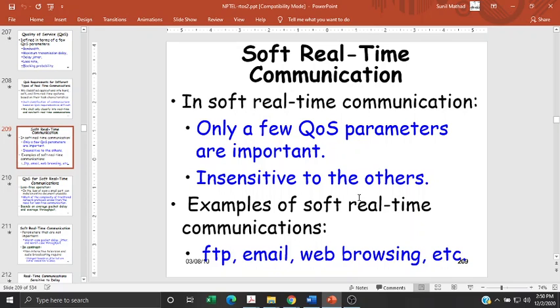A few quality of service parameters or service level agreements will still be there, and maybe the list is reduced, insensitive to others. An example of soft real-time communication is file transfer protocol. If you are sending one file, it has to reach the other end. That is what is expected, depending on the bandwidth. If it is 8 o'clock in the morning, nobody is there, and you can utilize full bandwidth, so it may happen within a fraction of a second. Maybe at 12 o'clock there is choking because everybody has logged in.